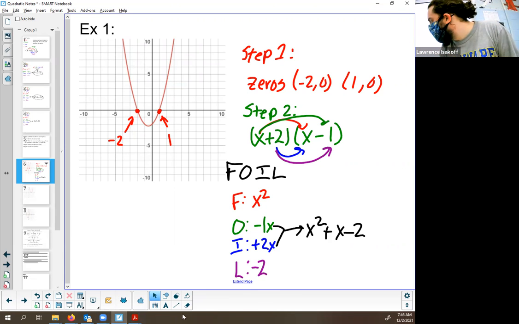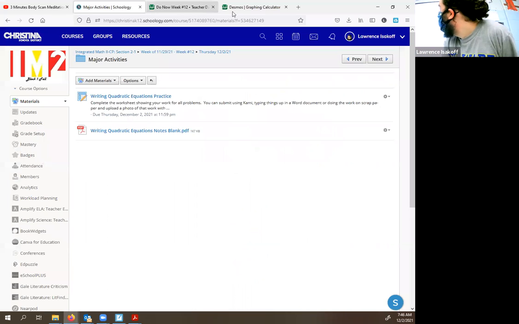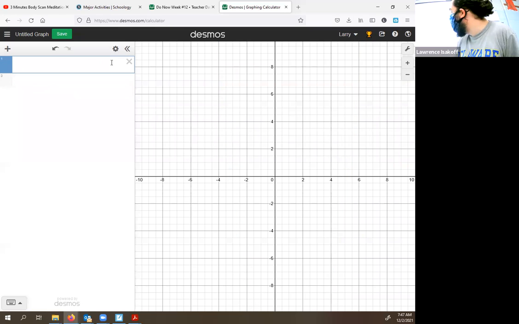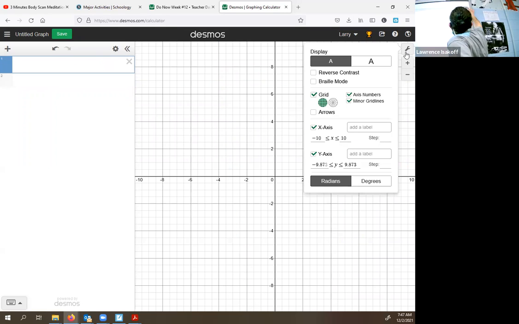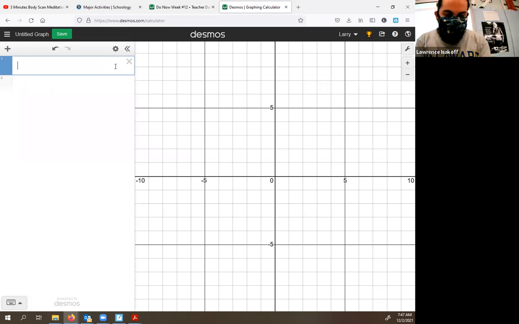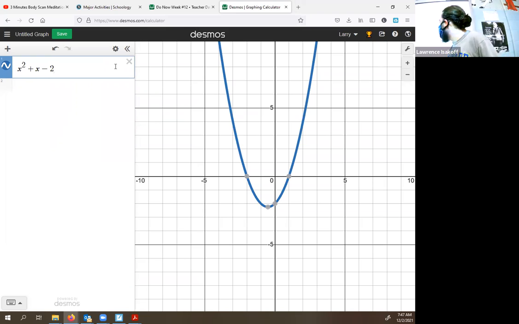Let's take a look at this graph. All I'm going to do is type it in. So put the projector mode here, so it's just a little easier for you to see that. Where was I? x squared plus x minus 2.